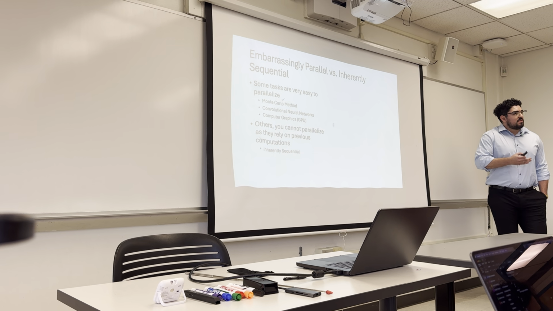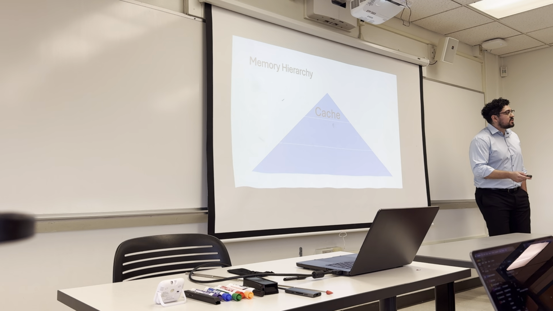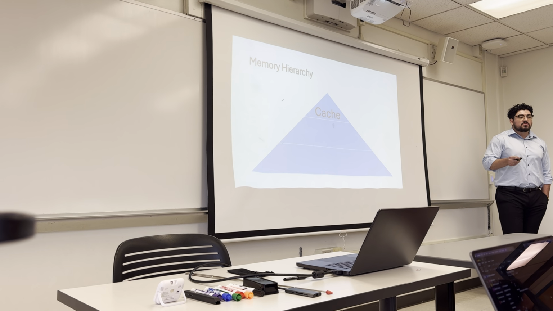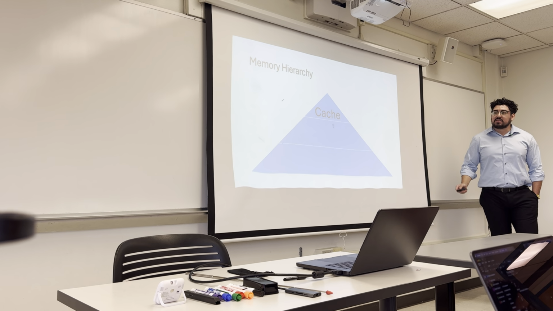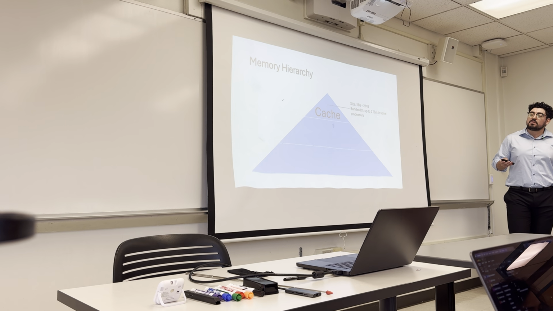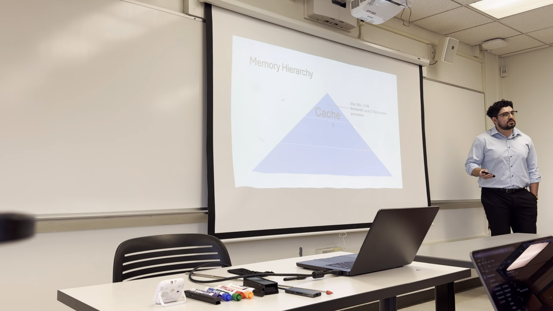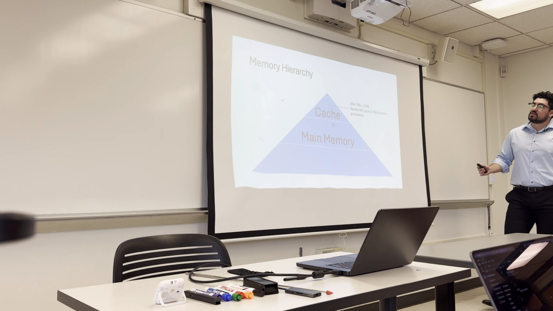We'll move on to the memory hierarchy and a description of what it is. At the top, we have cache. Cache is at the top because it is the closest to the CPU, but it is also the least amount in size. So we're talking about kilobytes to 2 megabytes max per core. However, the bandwidth, the amount of data that it can process, is enormous, up to 2 terabytes per second in some processors that we've seen. The next layer in this pyramid is the main memory, or RAM.